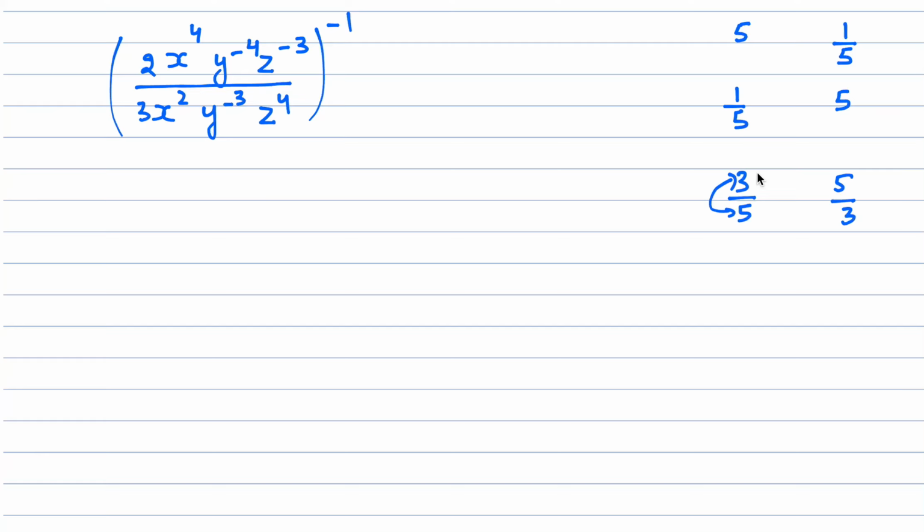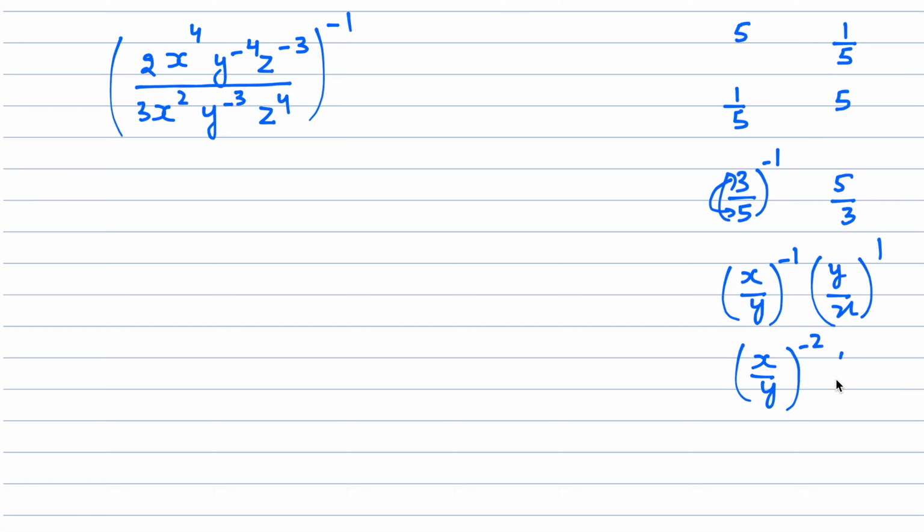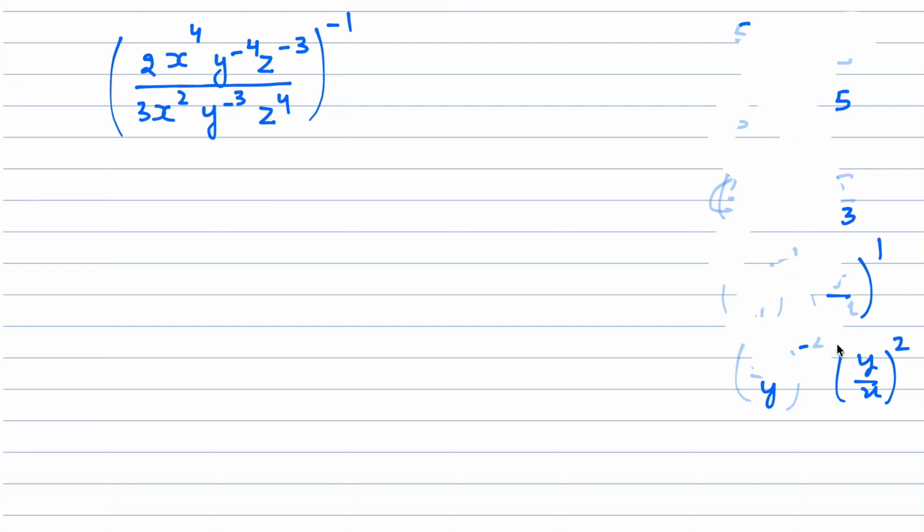And if I do this with the negative power, it will become 5 by 3. So suppose you have x over y raised to the power minus 1, you will simply reciprocate it and this power will become positive. Even if it has x by y raised to the power negative 2, you will reciprocate it as y by x and make the power 2, right? So we will apply this in our question and let's do it.